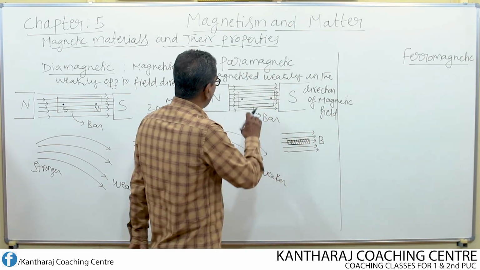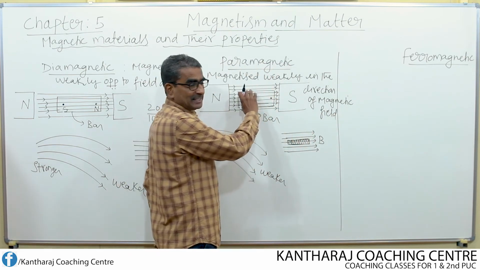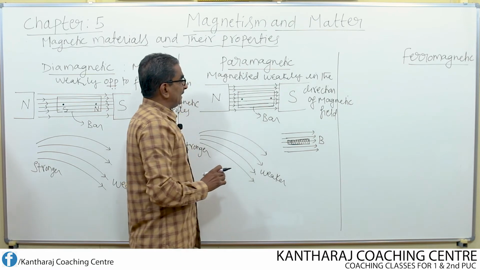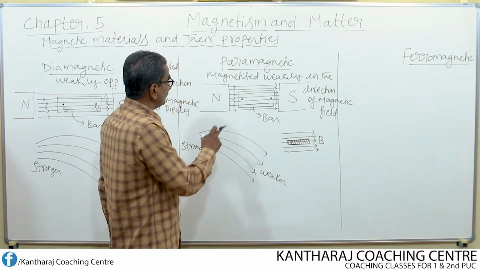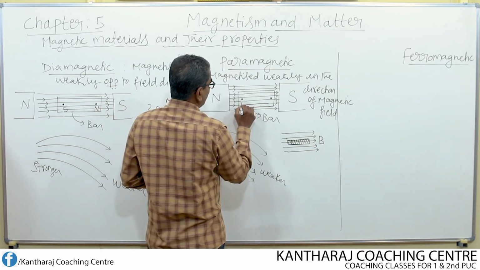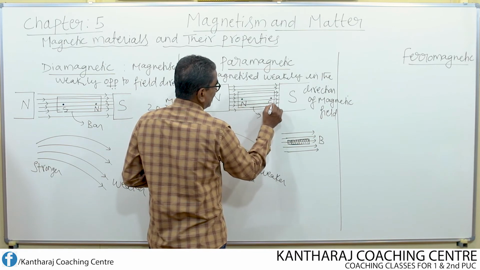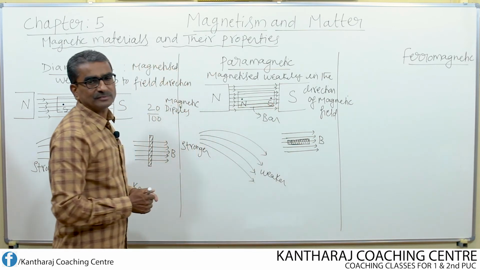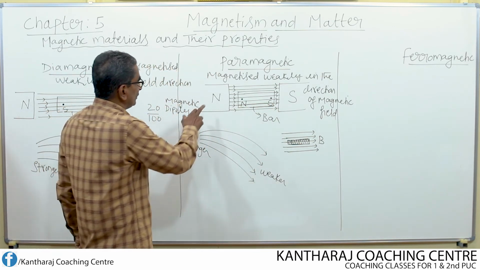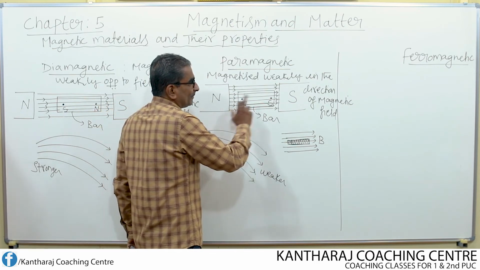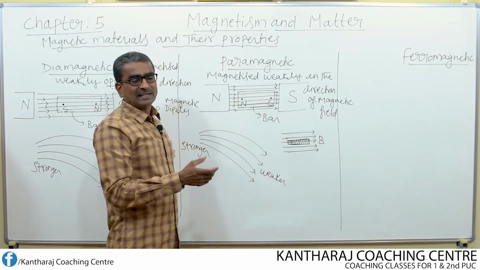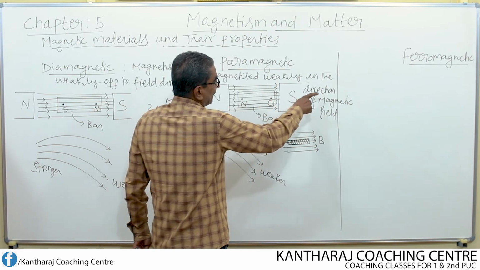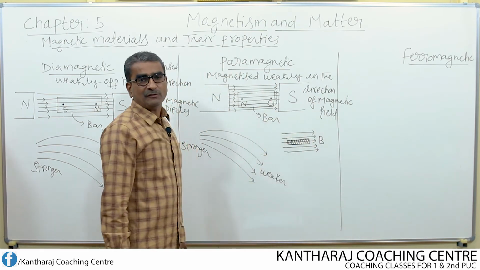What does it mean? After some time this bar gets magnetized and it possesses its own magnetic pole. Now here which pole is developed? North pole, and here south pole. Okay, so north and north, so both the poles are identical. That is the meaning of magnetized in the direction of the magnetic field.